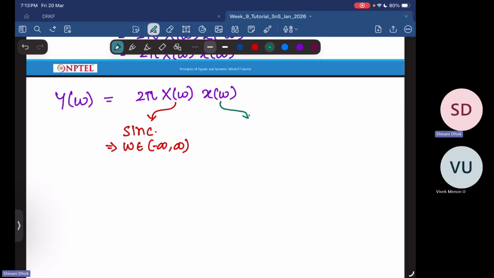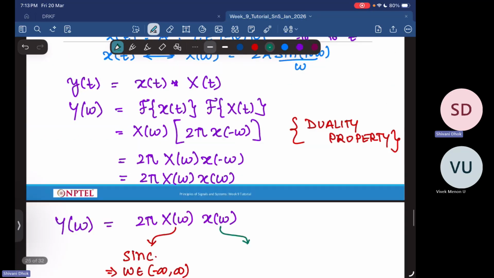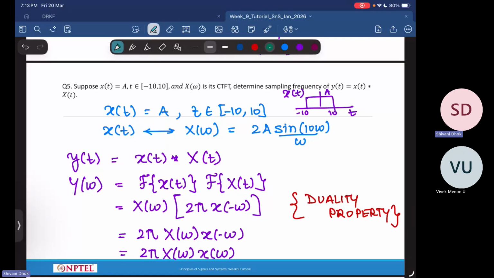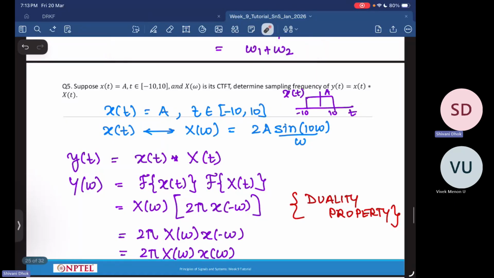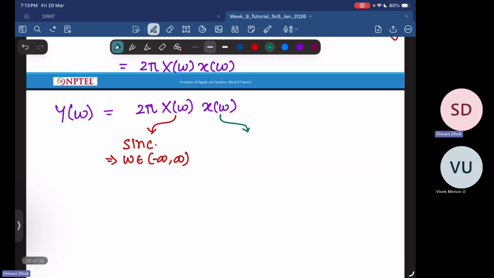But this little x of omega is non-zero only for omega in the range of minus 10 to 10.